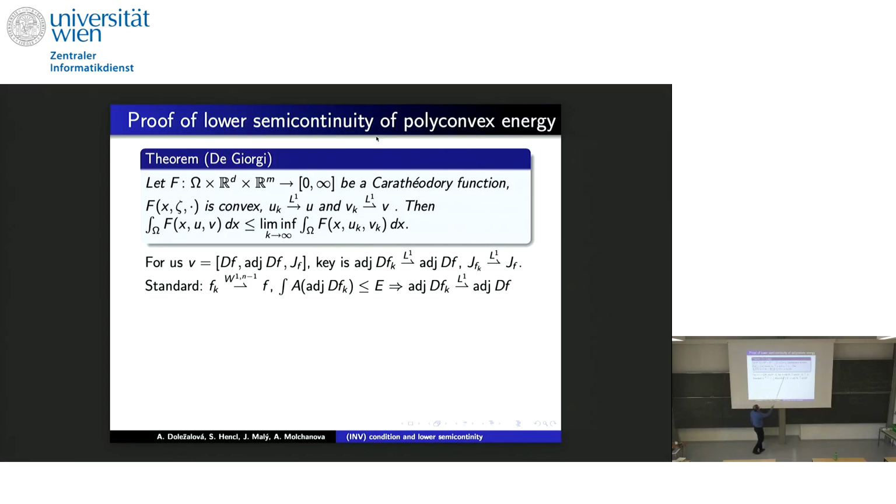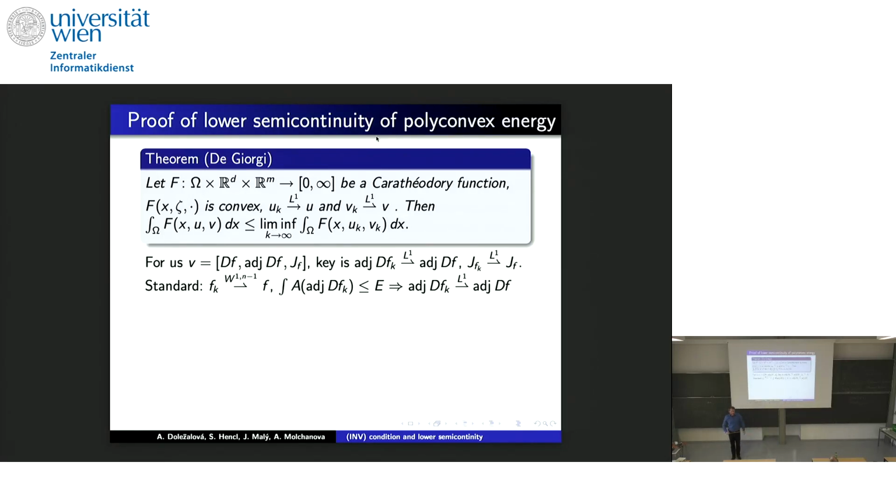And we need also that this is converging weakly to this function, and this is converging weakly to this function, okay? And as soon as we have that, we have lower semi-continuity. Standard. What is also standard is that if we have a uniformly bounded sequence in W^{1,n-1} and equi-integrable adjugate matrices, this can be found already in old Ball's papers.